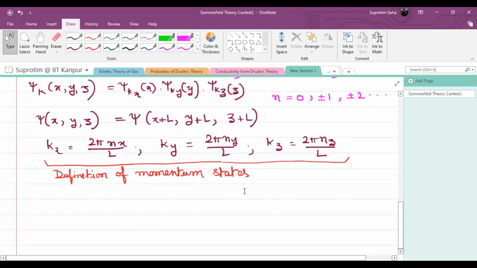As we are working in 3D, there's this restriction on the wave vectors. So your n_x, n_y, n_z can be 0, plus or minus 1, plus or minus 2, and so on.